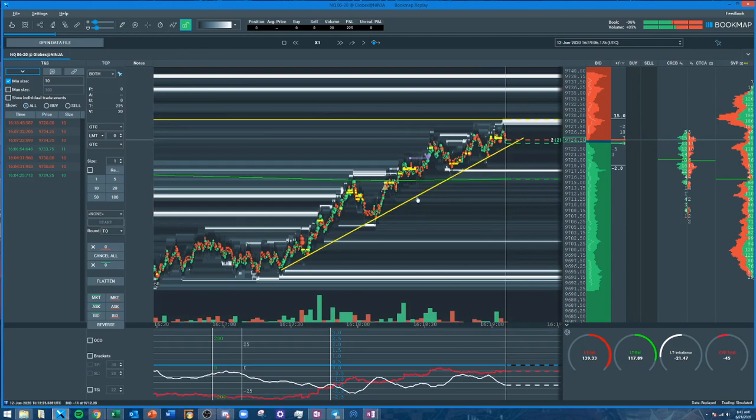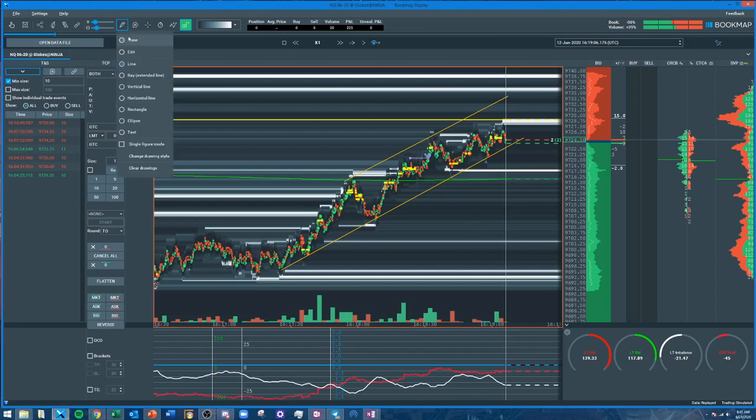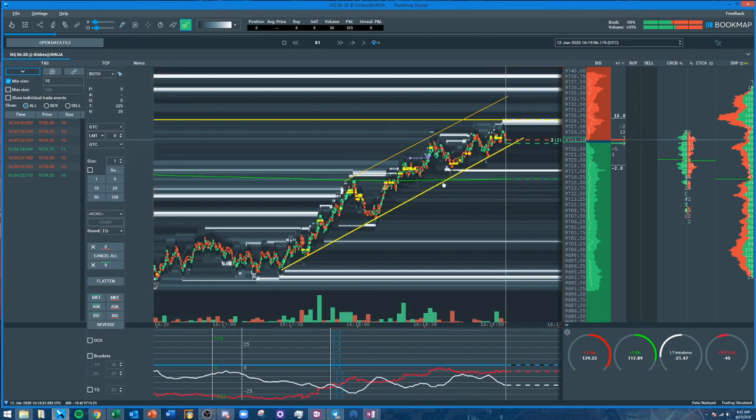And unfortunately with Bookmap, like with most charting platforms, you can copy and paste trend lines, but with Bookmap, for whatever reason, they haven't implemented that yet. So I am just going to kind of draw a parallel line like that. Perfect. Okay. So generally, I would just copy and paste and move this line over here.